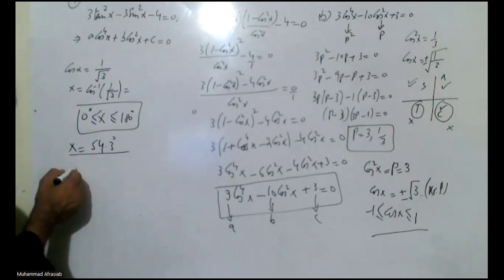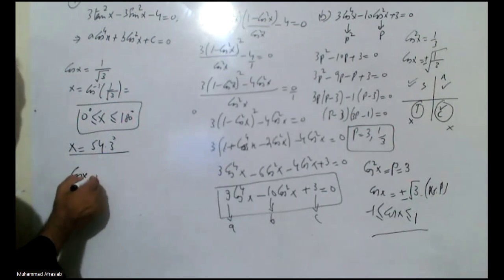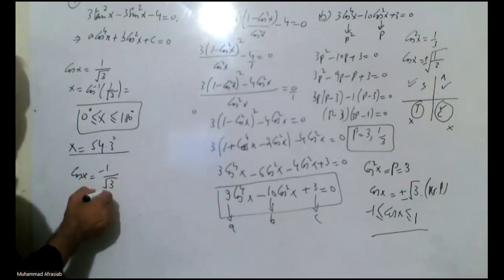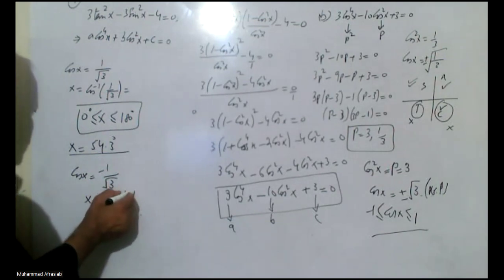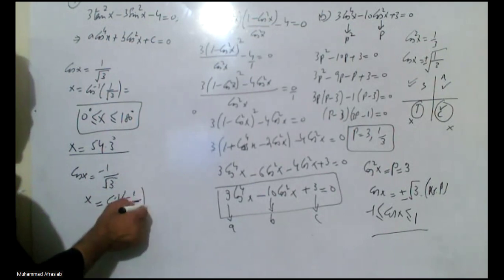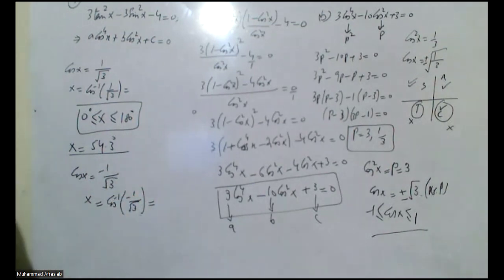Then if cos of x is equal to minus 1 over root 3, then x will be equal to cos inverse of minus 1 over root 3, and that value is equivalent to 125.3.